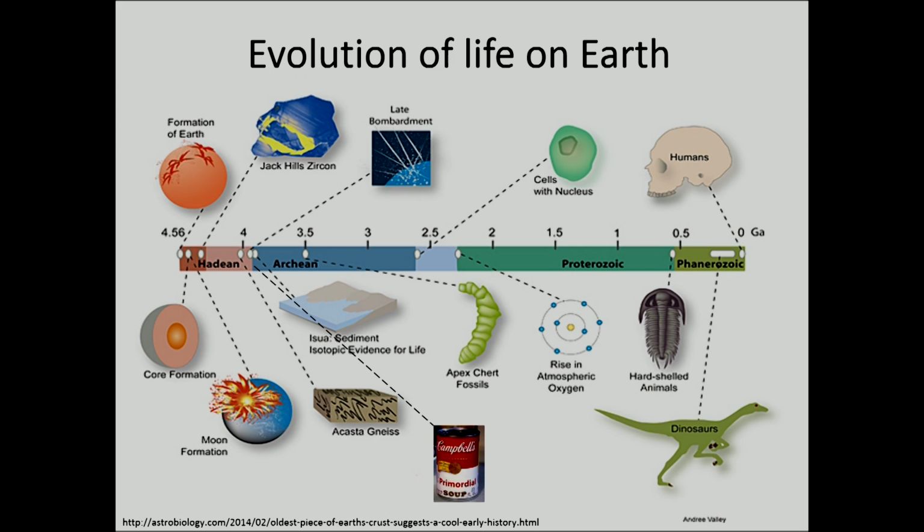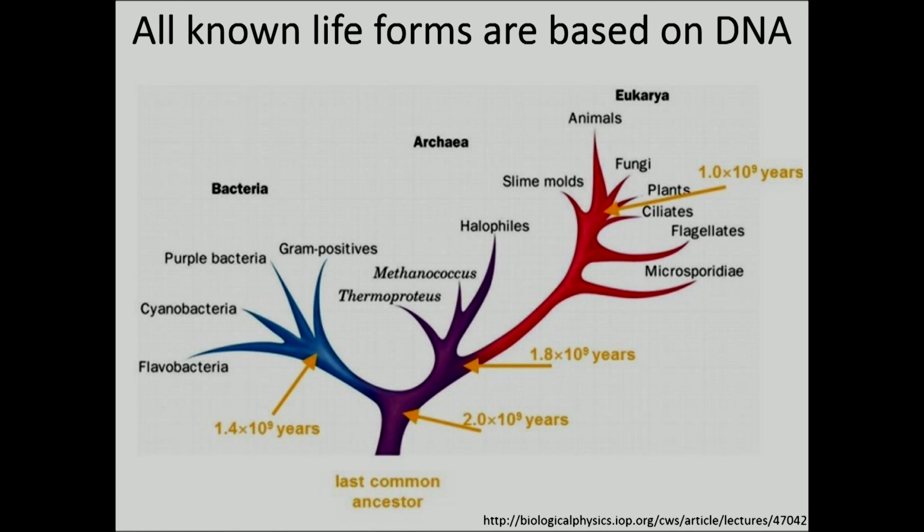The whole point of this is that all of life that we know, and of course humans are right out here at the end, is based on DNA. So all life forms that emerged from these archaea ancestors, the last common ancestor, across all these species that exist today, and we're at the very tip of this little spike here, are based on DNA.